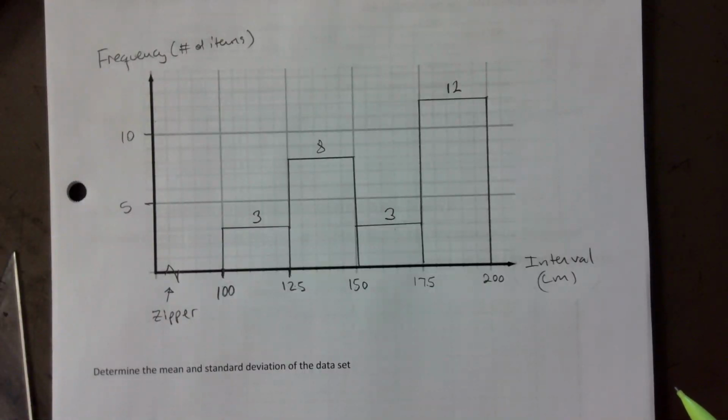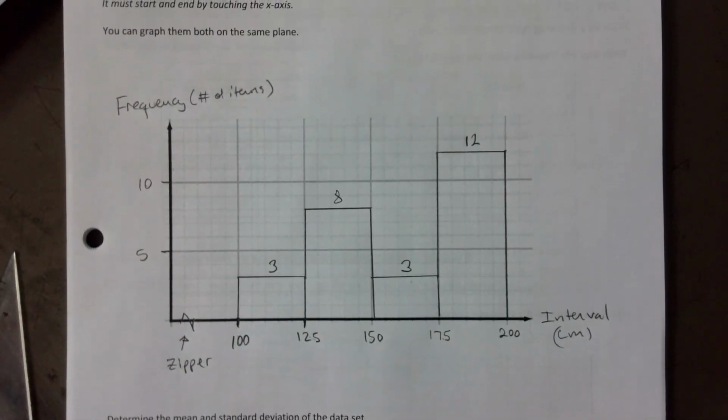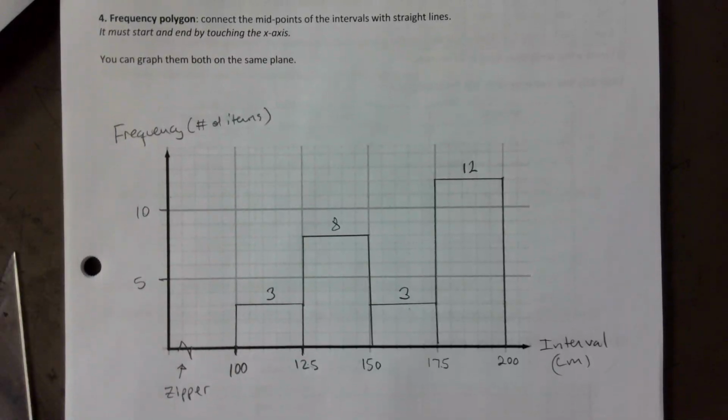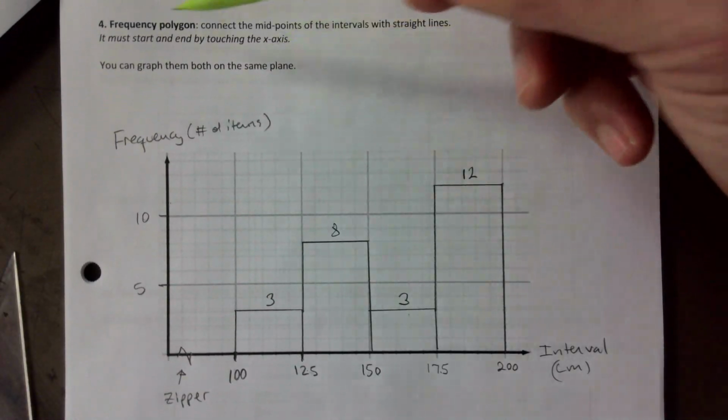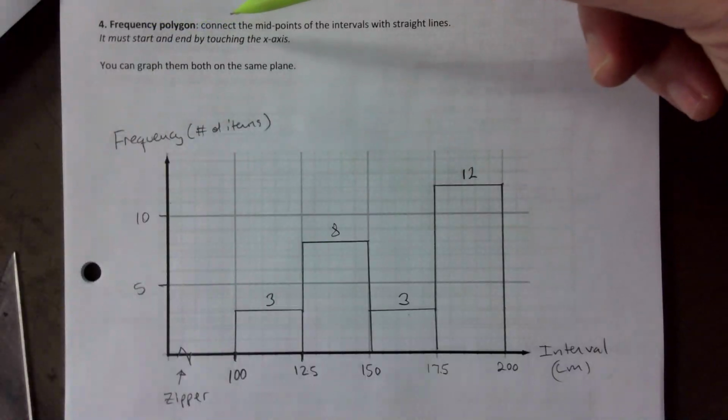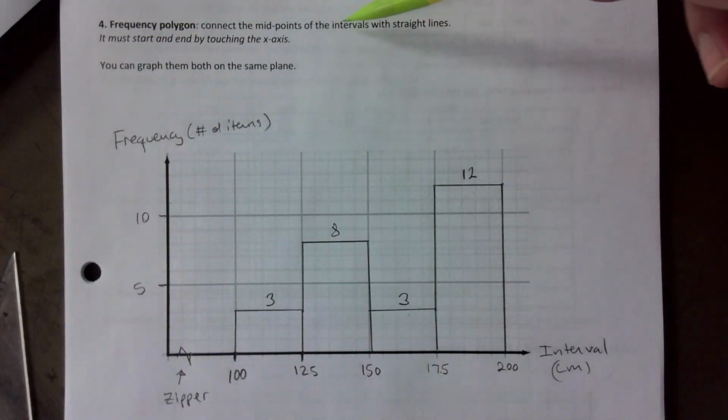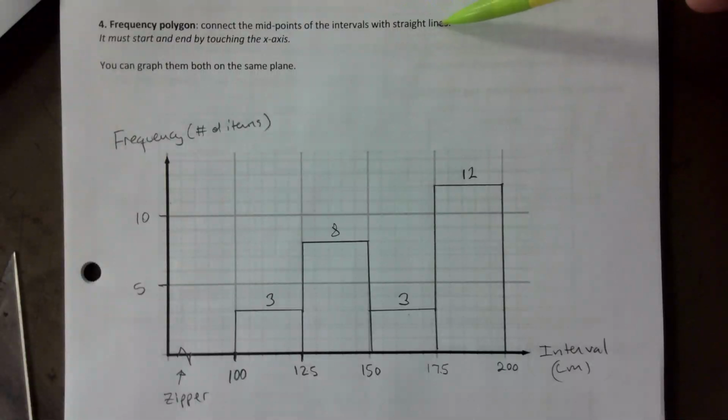Okay. And usually my trick, this is what I'm going to tell you. Just make a histogram every time, even if I ask you for the frequency polygon. Because what is a frequency polygon? That's our next graph right here that I'm asking you to graph. A frequency polygon, you connect the midpoints of the intervals with straight lines.